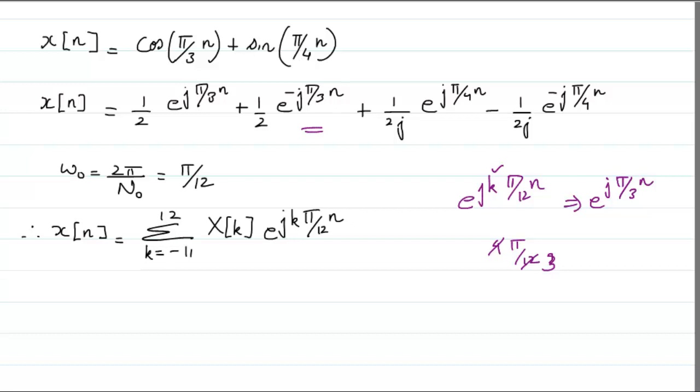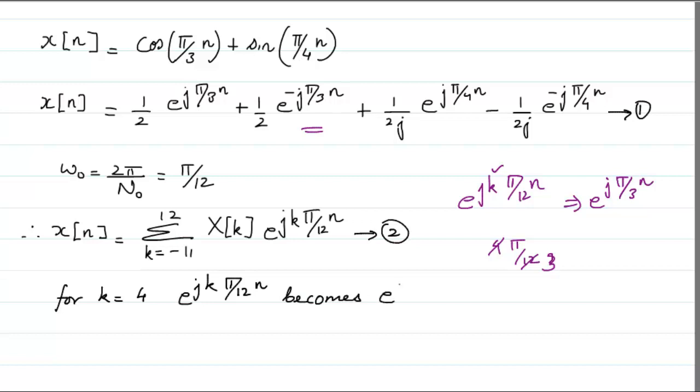So comparing, this is equation 1, this is equation 2. No need for me to expand it as in the previous case. For k is equal to 4, e raised to power j k pi by 12 of n becomes e raised to power j pi by 3 n.